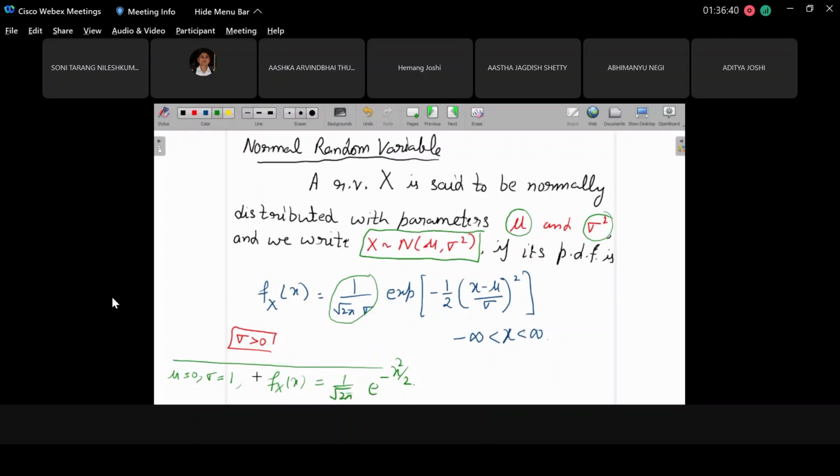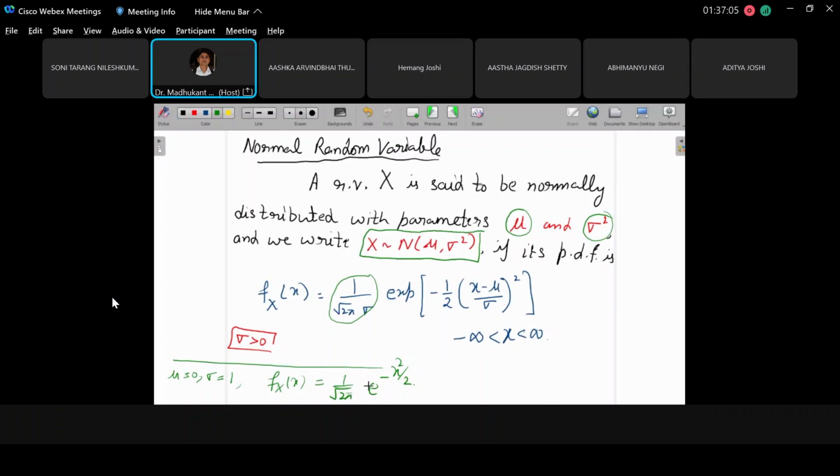If you integrate this, what is the challenge now? The 1 upon root 2 pi is coming out to satisfy the normality condition, because it is going to be a PDF for a normal random variable with mean 0 and variance 1. So this 1 by root 2 pi is a weighting factor.